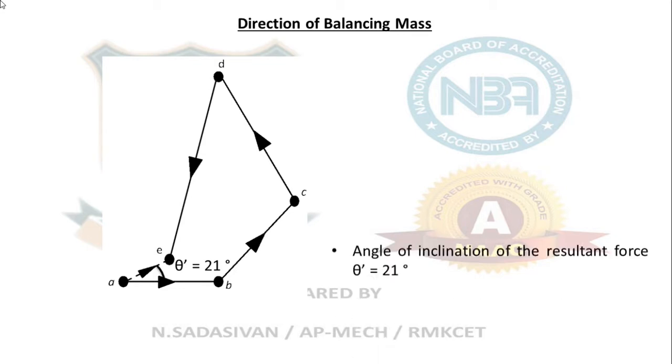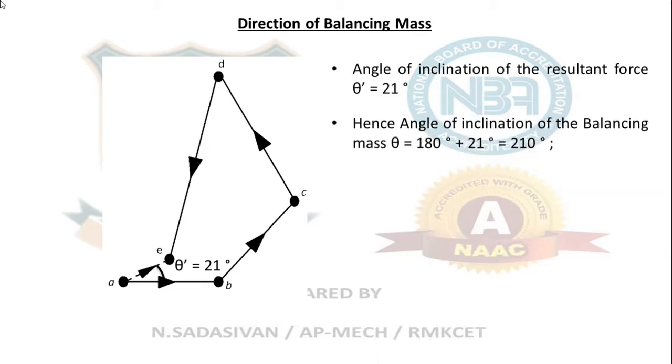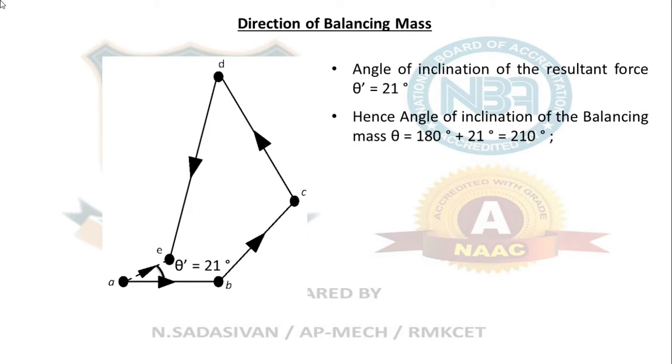So the angle of inclination of the resultant force is 21 degree. Hence the angle of inclination of the balancing mass is 180 plus 21, 201. This is 201, not 210. Typing mistake. 201 degree.